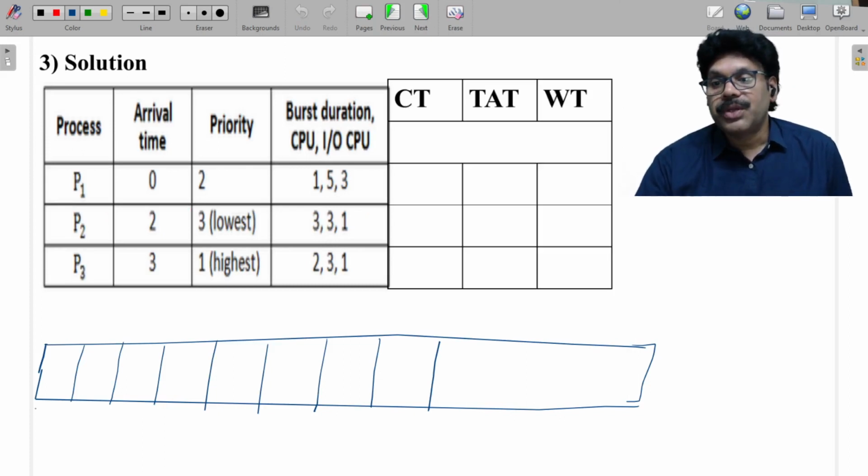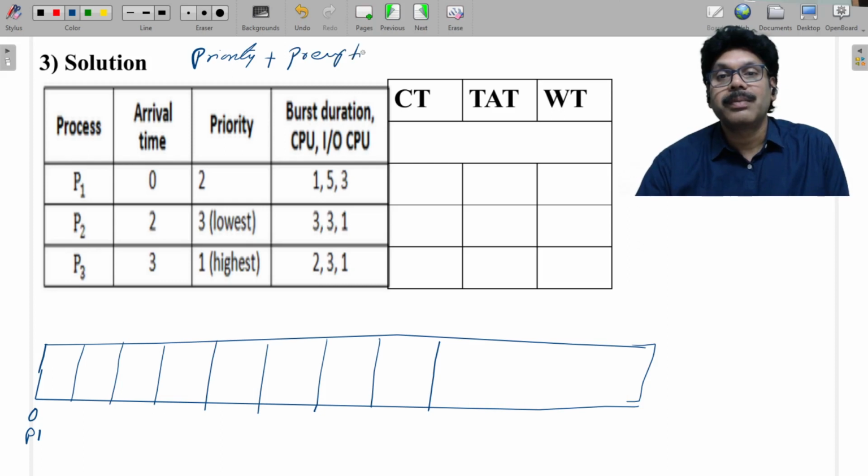Now at 0 I am targeting. At 0 there is only one process, named P1. Please understand one important thing: we are working with priority and the preemption concept. Please listen carefully to this question.